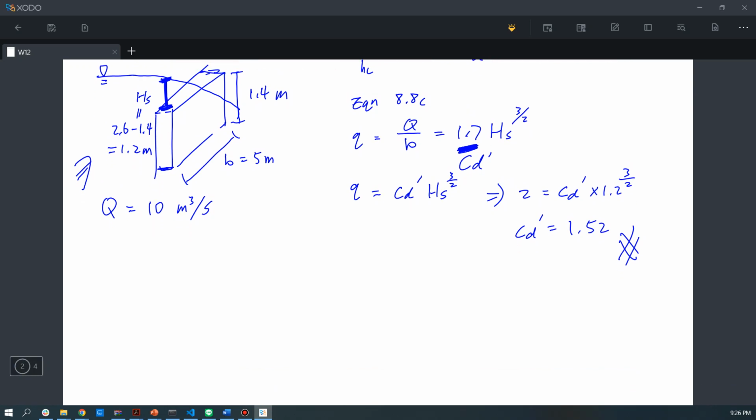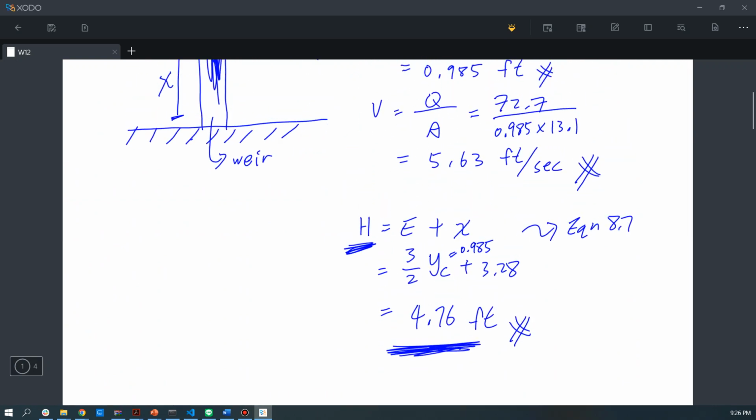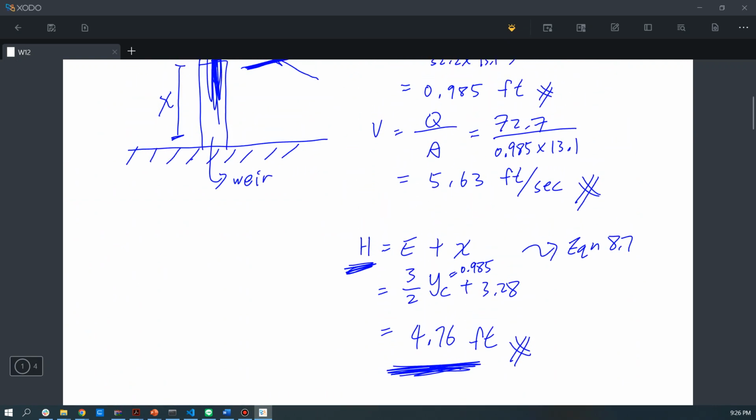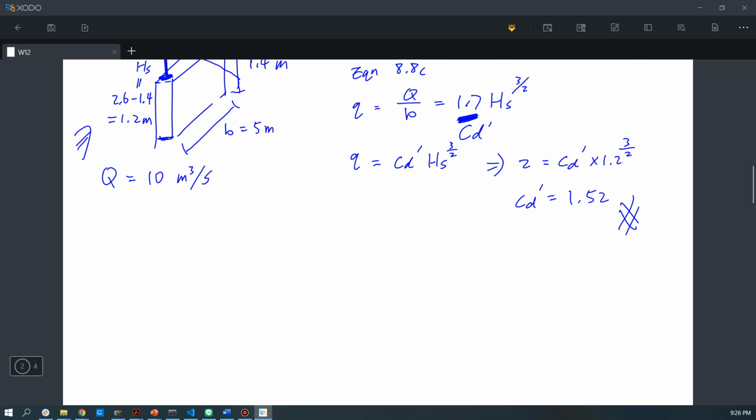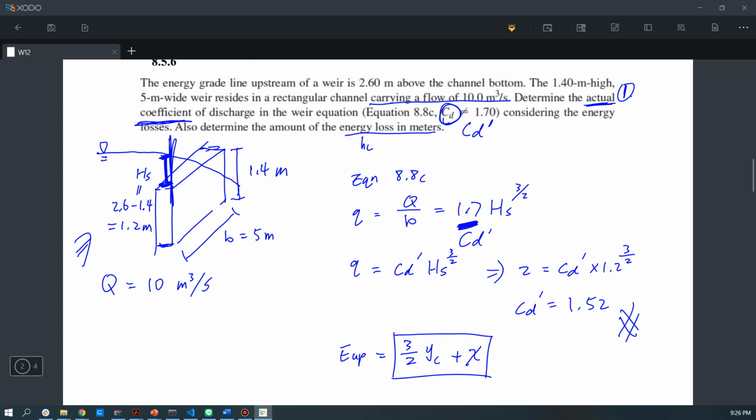So according to the previous problem, we have the energy equation that looks like this, which you can find as equation 8.7 in the textbook, and we will use a similar concept here. So let's say the energy at the upstream area is equal to 3/2 times the critical flow depth plus the weir height, and this is the energy at this cross section.